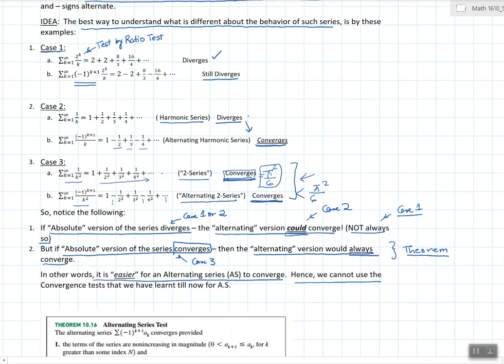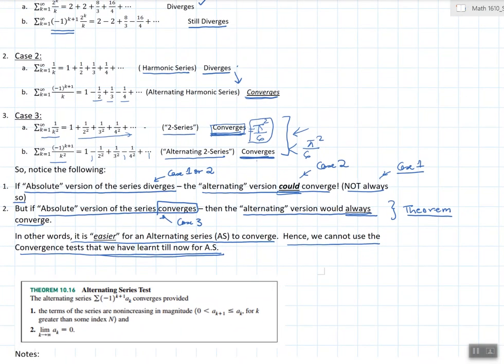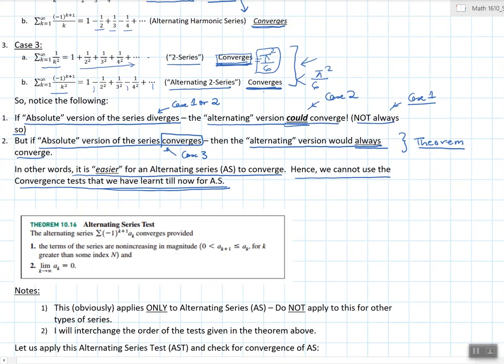So hence we cannot use the convergence tests that we have learned till now, because they are much stronger situation. Alternating series converge more easily. So for that we have what is called the alternating series test.